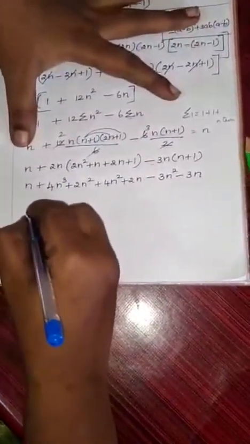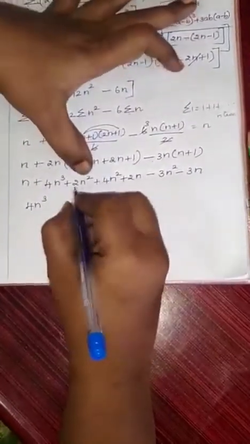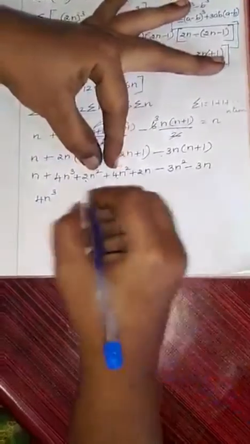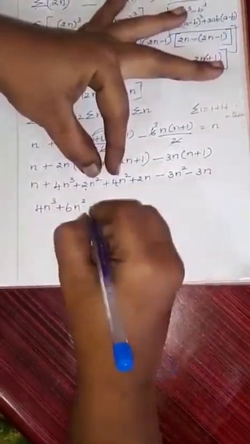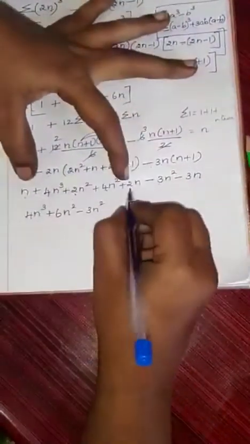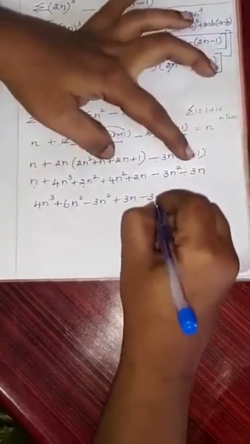What will you have? 4n cube. Like terms together you do. 2n square plus 4n square is 6n square. Then you have minus 3n square. Then n plus 2n is plus 3n. Then you have minus 3n.